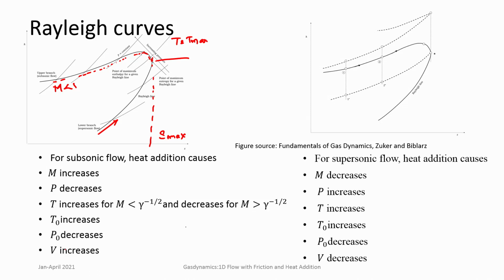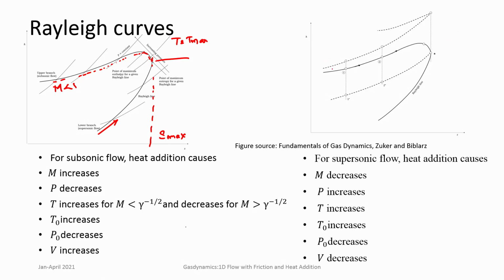Now, in order to understand this clearly, you should also look at the stagnation temperature lines, or stagnation enthalpy lines. The stagnation enthalpy line will now have two branches, similar to the Rayleigh curve. H naught is not constant, like it was for the case of Fano flow.